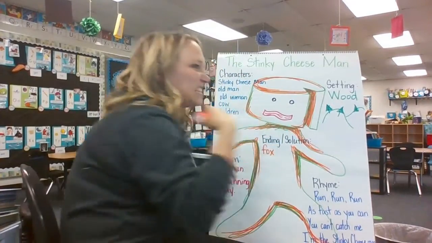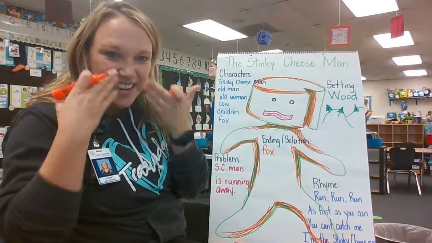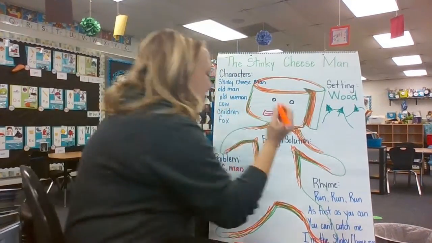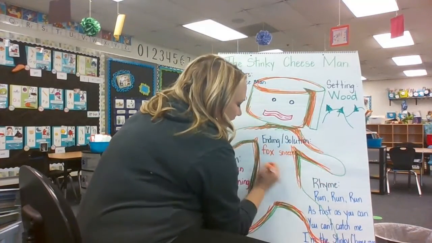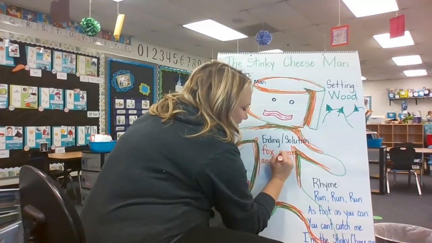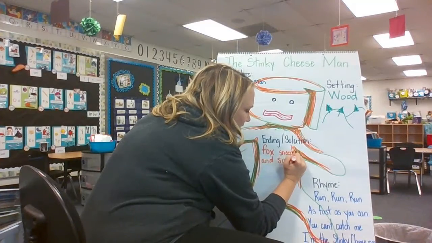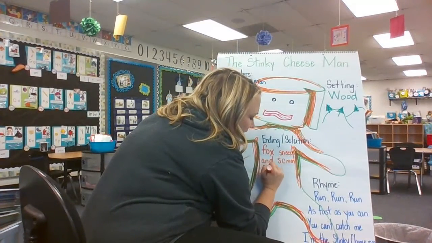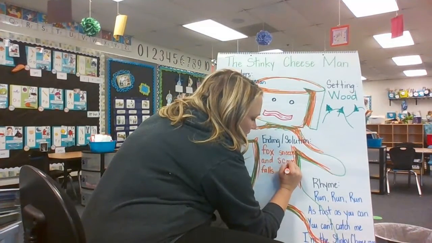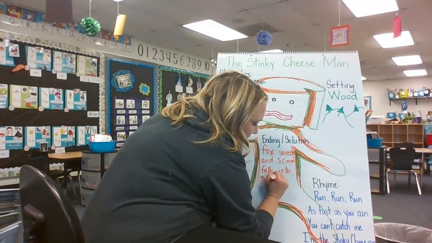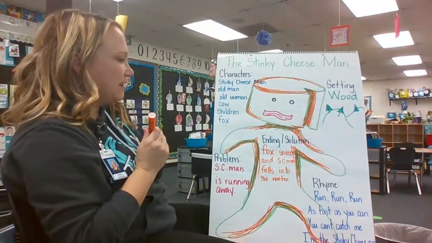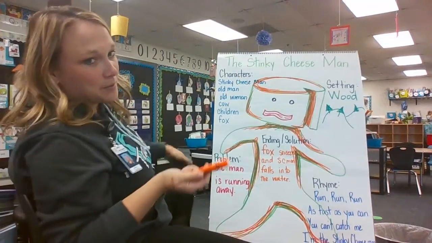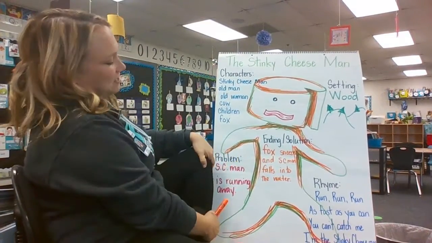But remember, the fox gets a whiff of that terrible smell and sneezes, and the Stinky Cheese Man falls into the water and disintegrates, or disappears into the water. With him smelling so bad, it makes the fox sneeze and choke.